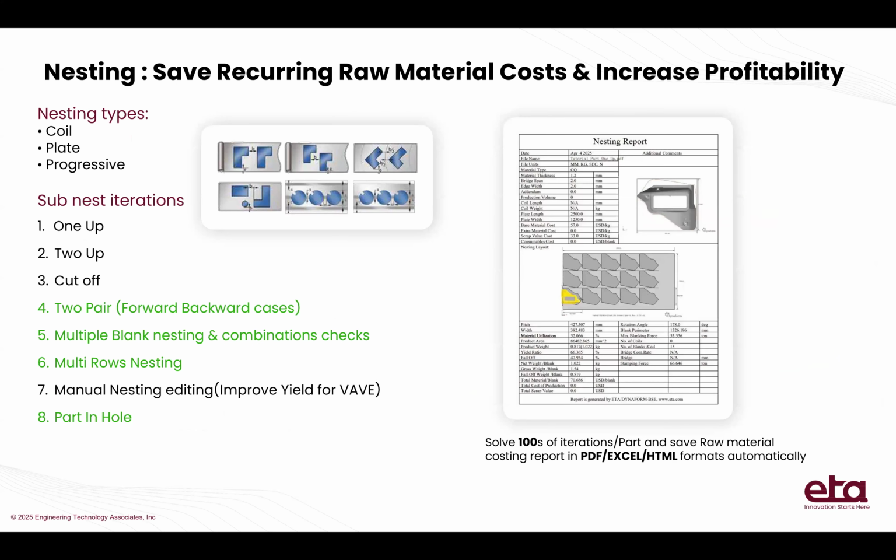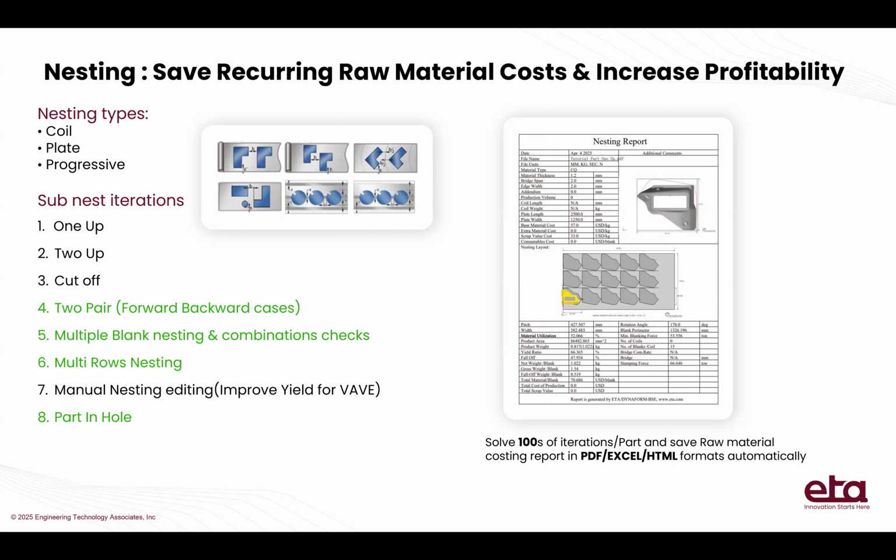Okay. Once the user gets the part unfolded, then the profile will be ready for the user to run the nesting to show the utilization of the material. It supports coil, plate, progressive strip with many methods like 1-up, 2-up, 2-pair, mirror, even multiple blank combinations.